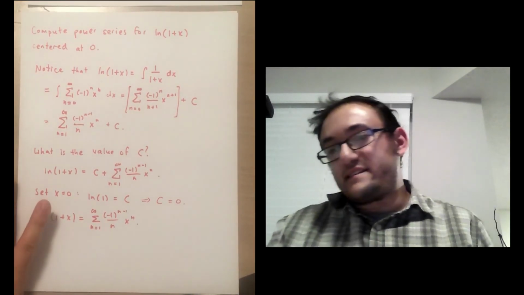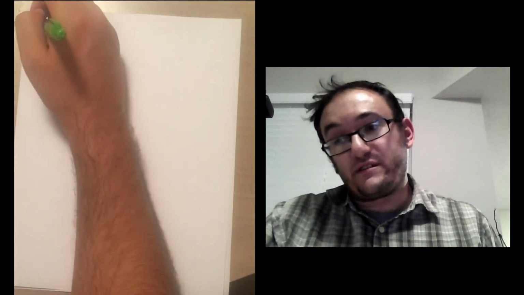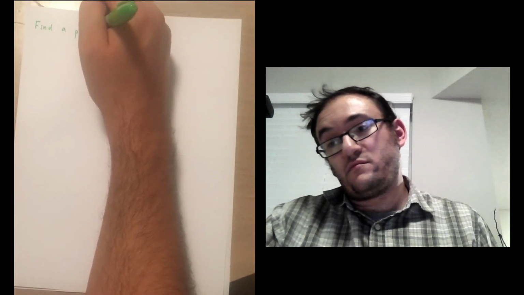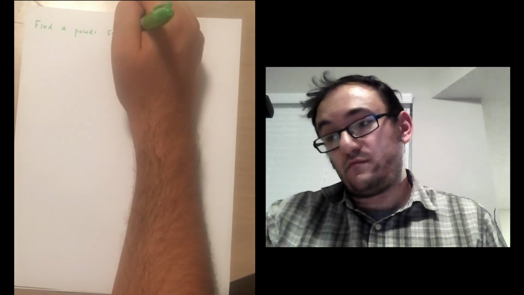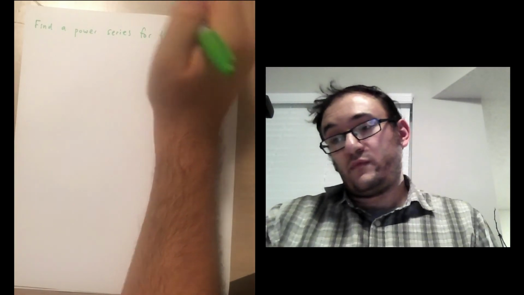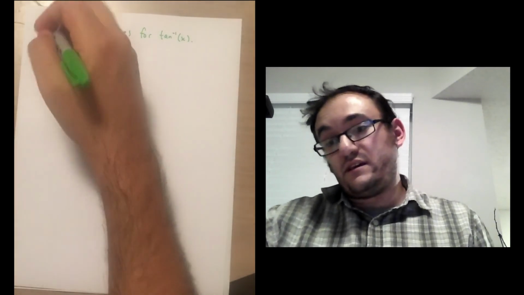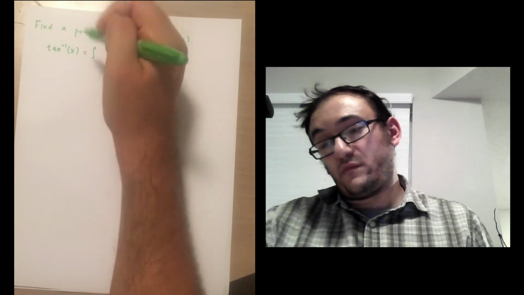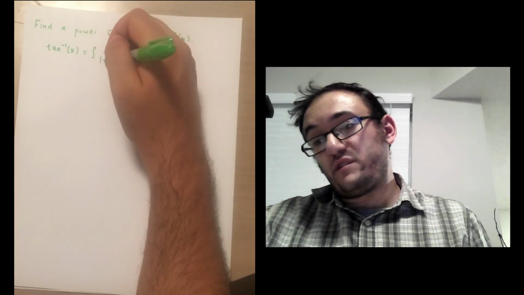Okay, let's do one more example. This last example uses arctangent to approximate pi. So the first step is to find a power series for arctangent. Okay, well, what do we know about arctangent? It's the integral of 1 over 1 plus x squared dx.